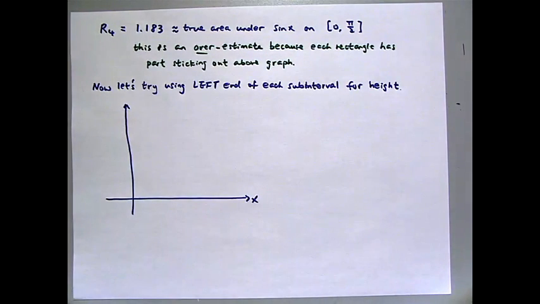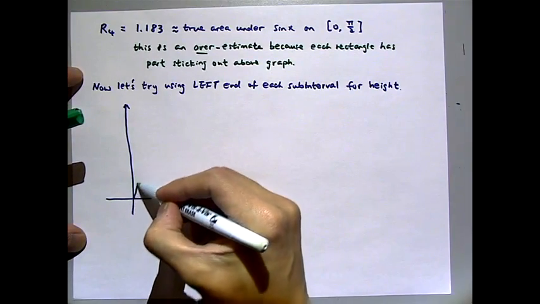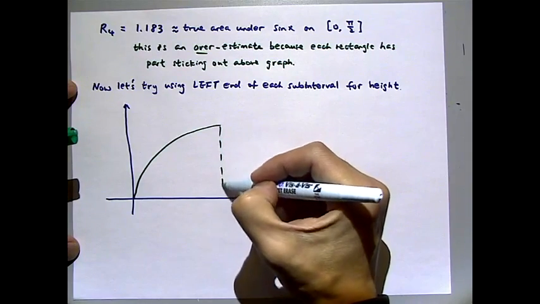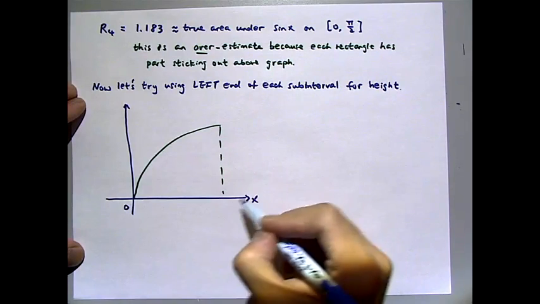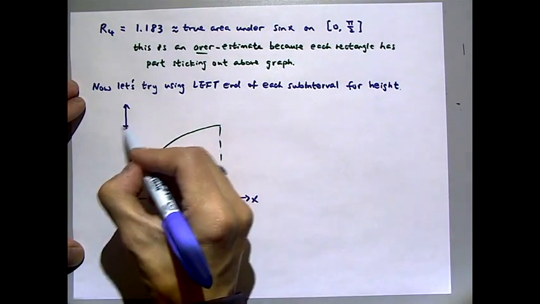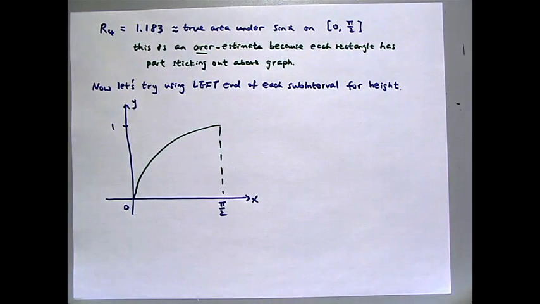Okay, same idea. Here's the portion of the sine graph from 0 to pi over 2. Same steps. The only thing that's going to be different is where we find the height. So let's just keep everything the same.